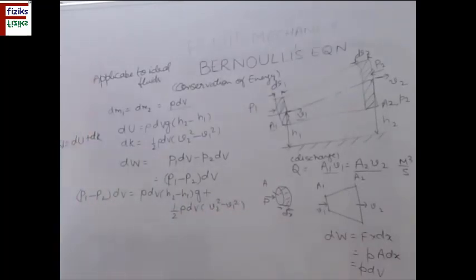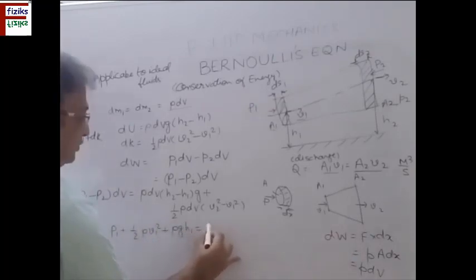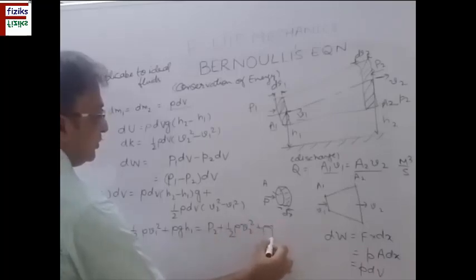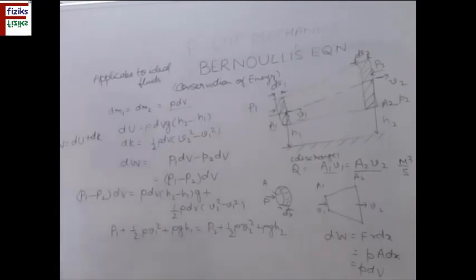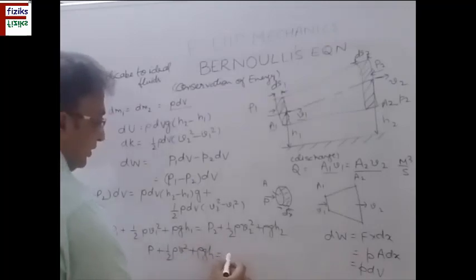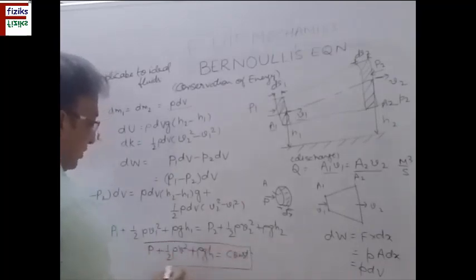So this gives an equation: P1 plus half rho V1 square plus rho g h1 equal to P2 plus half rho V2 square plus rho g h2. The sum of these terms during the flow of an ideal fluid is constant. This is Bernoulli's equation.